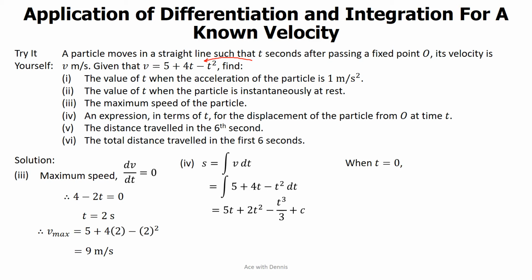So when t equals 0, s equals 0, as mentioned in the question. Initially, it passes through the fixed point O, so s is 0. Therefore, c is 0. Hence, we can rewrite the equation of the displacement as s equals 5t plus 2t squared minus t cubed over 3.